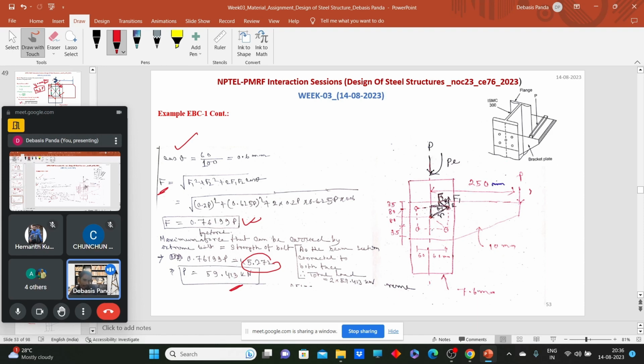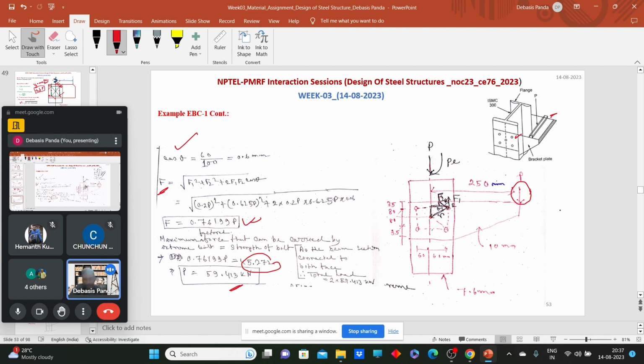Now if it says you have to calculate the force for one side, then just leave it here at 59.413. If it says that for the bracket plate you have to calculate the load for the two sides, then just multiply it by 2, because one side of the bracket can carry 59.413 kilonewton load, and the other side can carry again 59.413 kilonewton, because these connections on the two sides are symmetric.